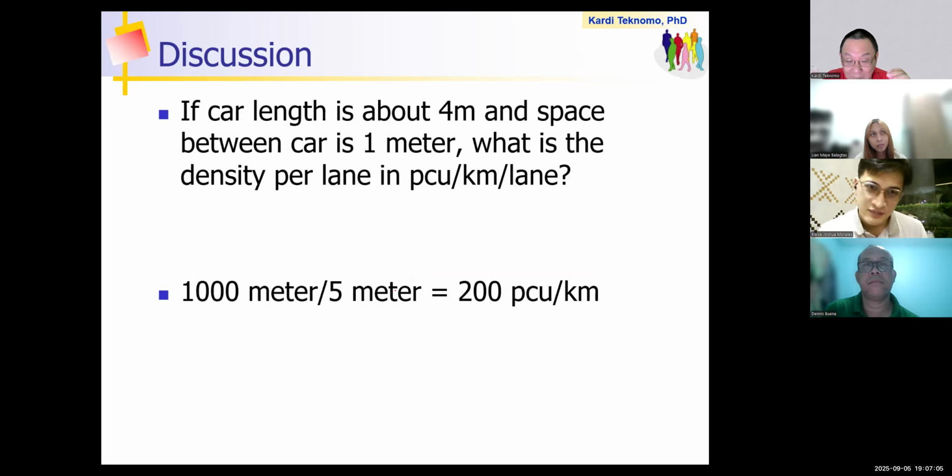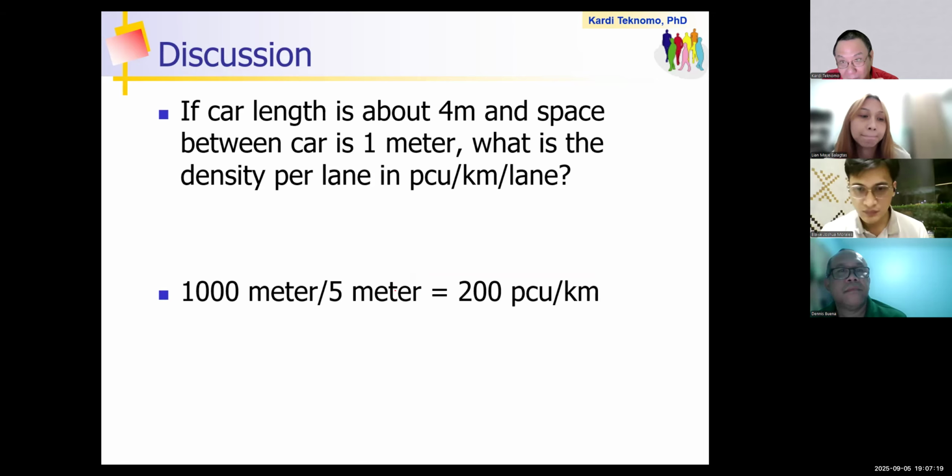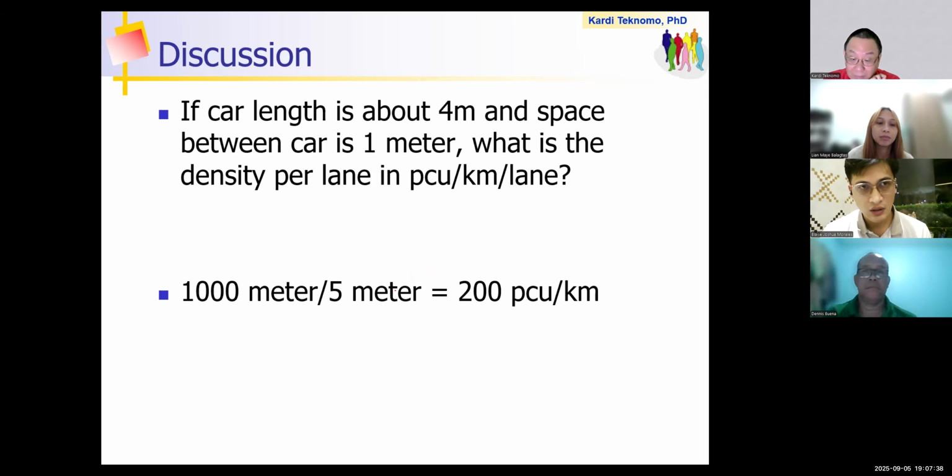So in that case, you can get both. For vehicles, you need to get it per lane, per direction. But for pedestrians, it's difficult to see the lane. Even though there is some kind of self-organization to create some kind of lane formation, it's difficult. So in that case, you can get both.